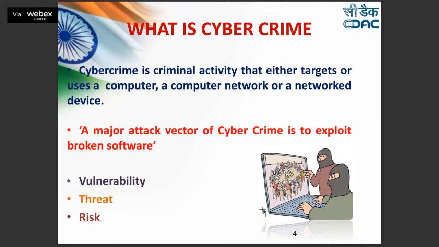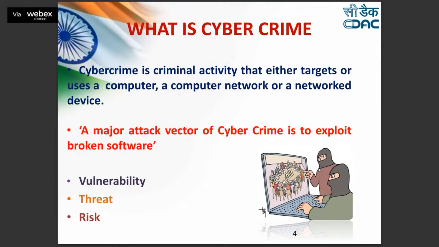So if we are talking about cyber crime, then there are three terms which are related to cyber crime. That is vulnerability, threat, and risk. So let's talk one by one about the role of these three terms. Vulnerabilities are the weaknesses, or we can say a flaw, in a system design or in software or in hardware.